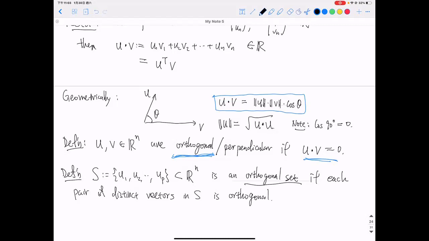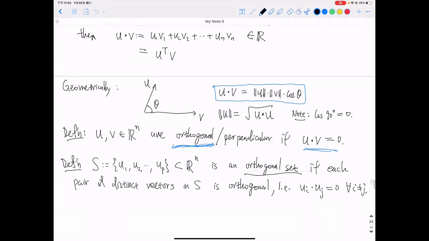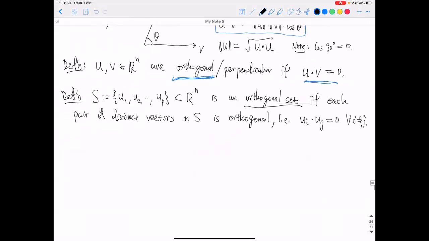In equations, this means ui dot uj is 0 for every i not equal to j. Let's look at some examples.